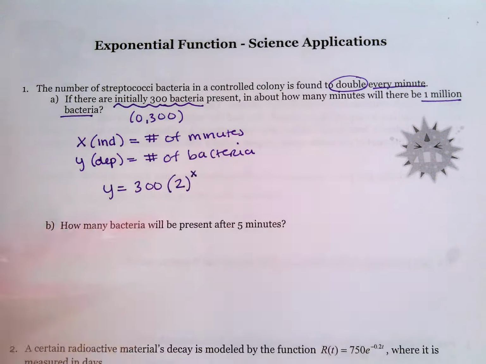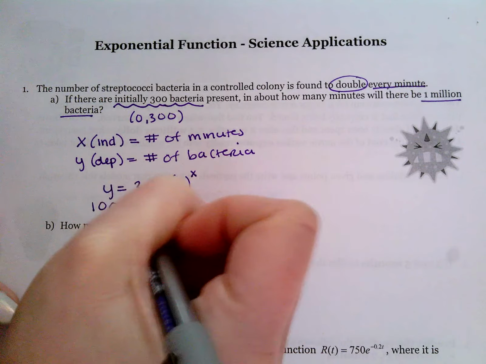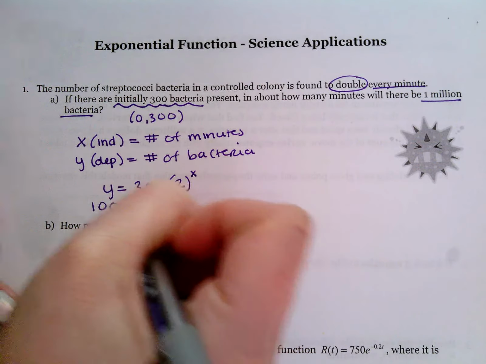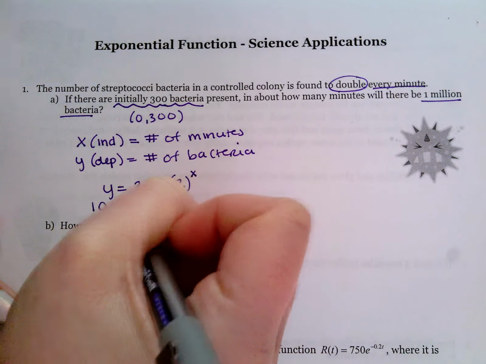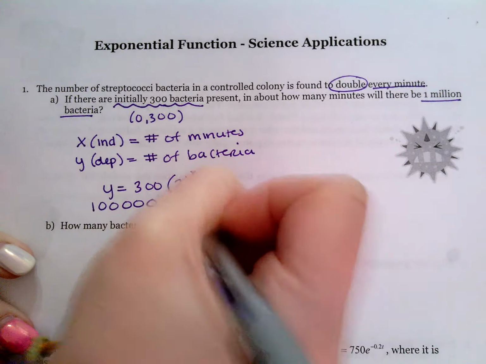What we want to figure out is when y is 1 million. It's 1,000,000 equals 300 times 2 to the power of x.